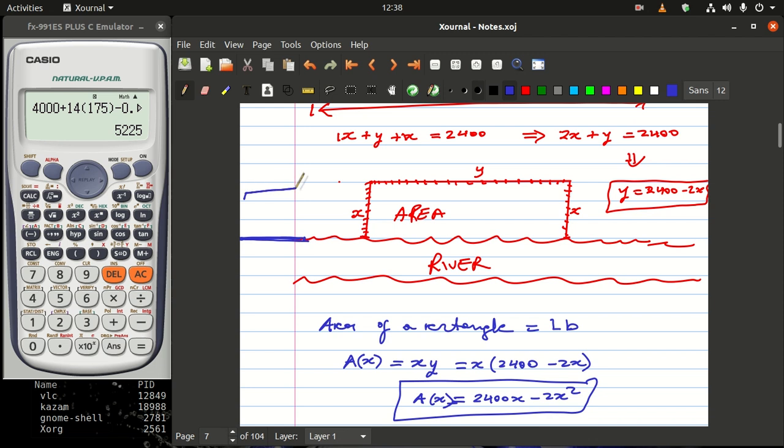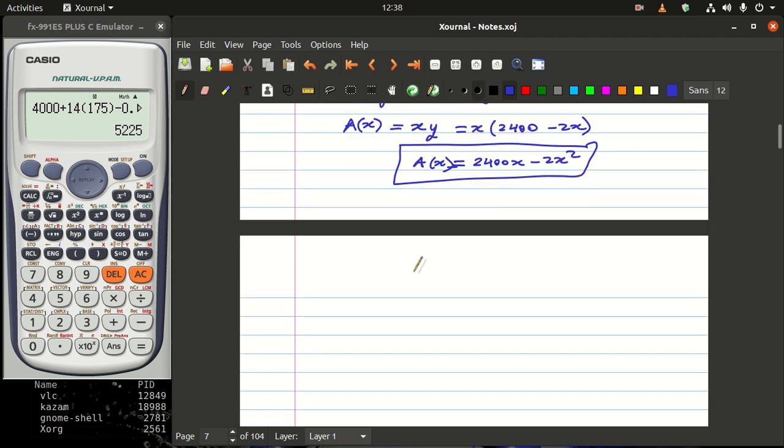A rectangle is a shape of this kind here. If this side is 0, I will end up just having a straight line, which is clearly not a rectangle. So if you look into this particular equation here, my x needs to be bigger than 0.